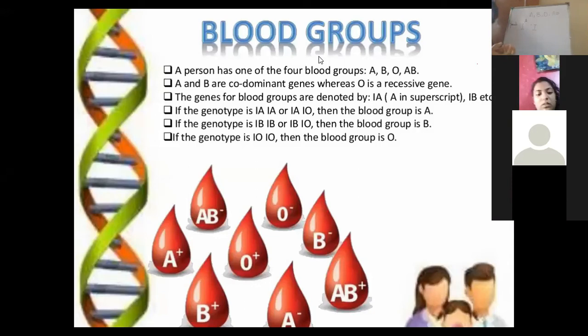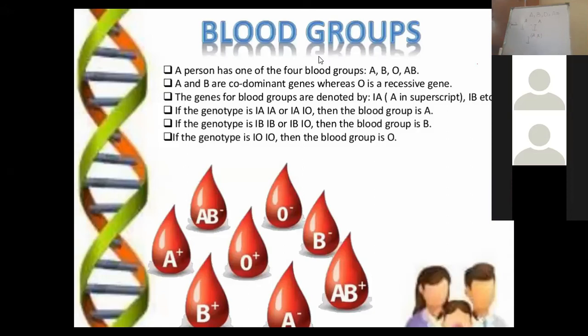If the gametes contributed by the male and female both contain A, A contributed by the male as well as A contributed by the female, then the resultant progeny will have A as blood group because it's an identical pair, right?